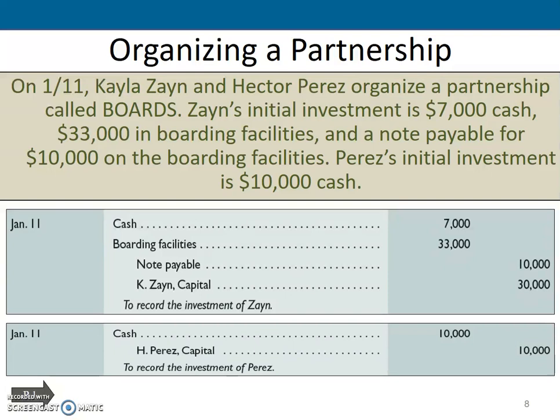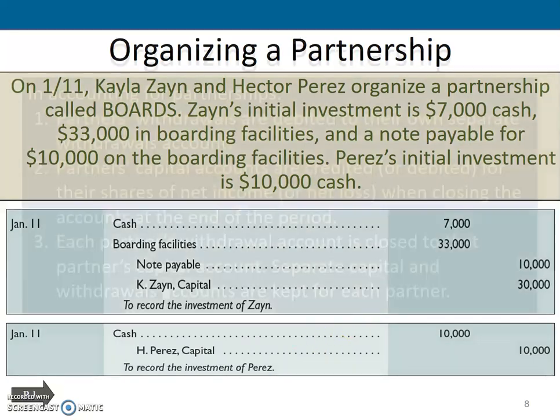So the equity he gets, or the capital, is going to be the difference of that $40,000 minus the $10,000. So a total of $30,000. So that's why we see the credit to capital being total of $30,000. Then for Perez just put in cash. So Perez put in $10,000 cash and that means he got $10,000 capital for his investment.